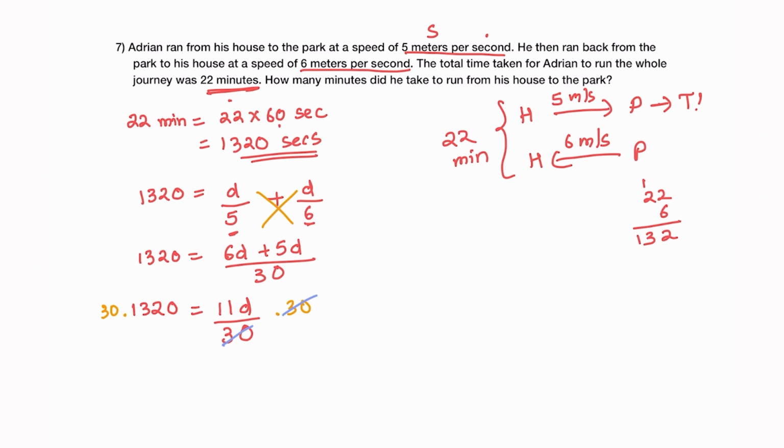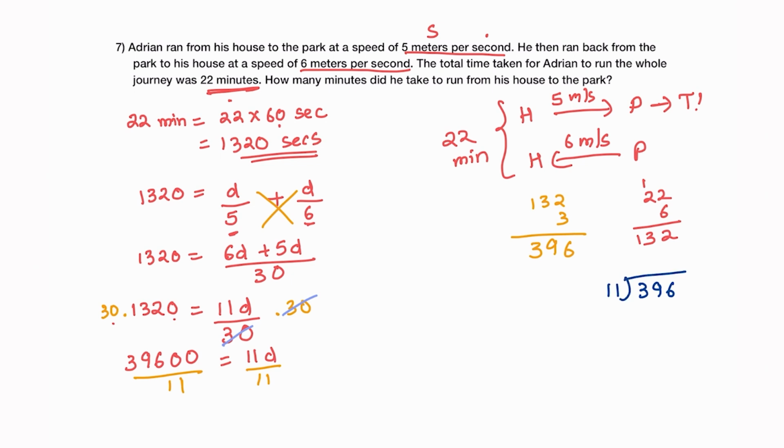So let's do the calculations here now. 132 times 3. That's 6, then 9 and 3. So we write 396 and these two zeros equals 11D. And now the next step is going to be divide by 11 on both the sides.